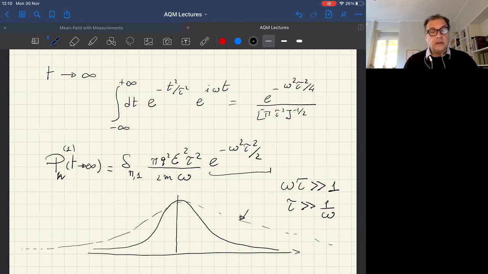Just imagine the following. Suppose that you want to push somebody who is standing in the queue to get coffee. I am impolite and I want to push you because I want coffee before you. I can do two things. I can give you a big push, and then probably you fall to the side, so I strongly modify the state of your system.